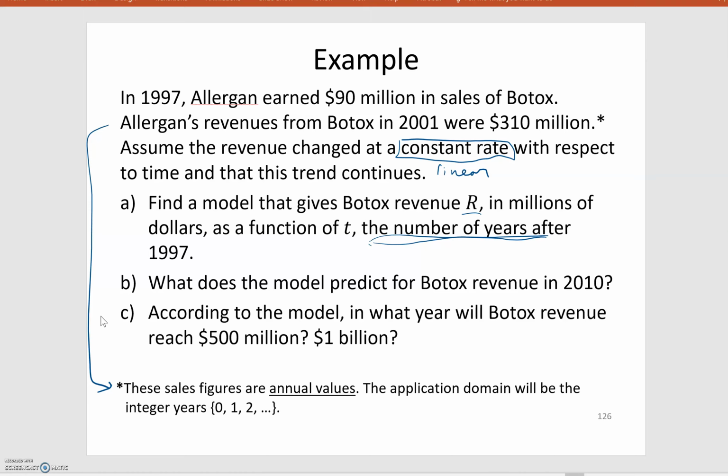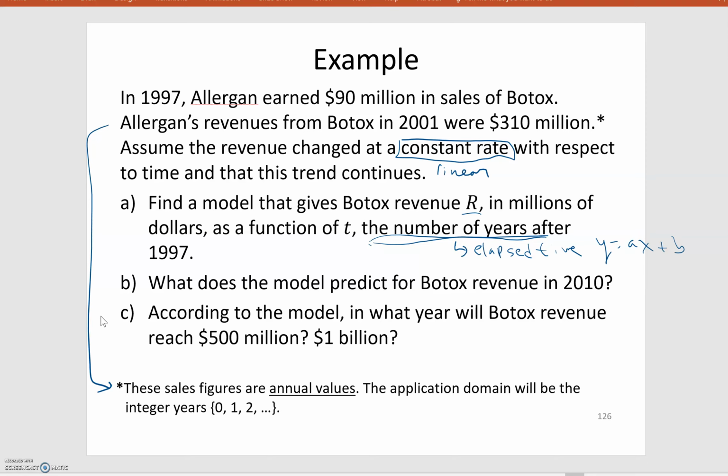So number of years after means elapsed time, and elapsed time means y equals ax plus b is our model. Okay, so that means that we need the slope and the y-intercept.